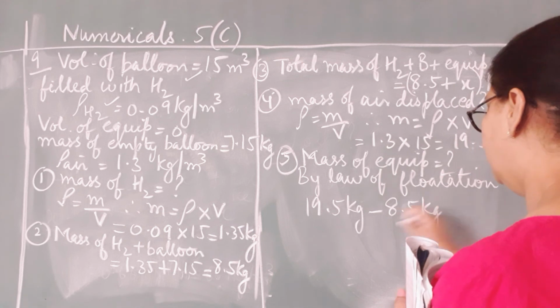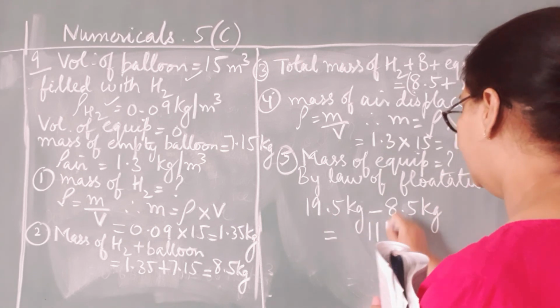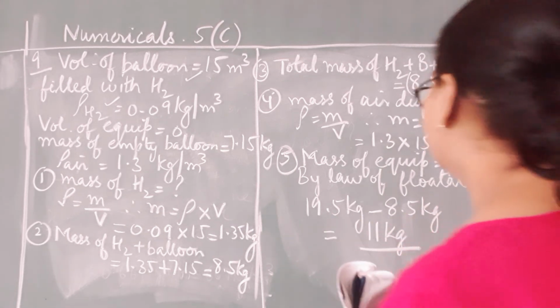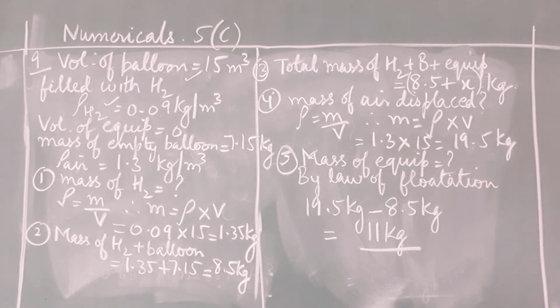So when I subtract the two, I get my answer as 11 kg, and that is the mass of the equipment using the law of flotation.